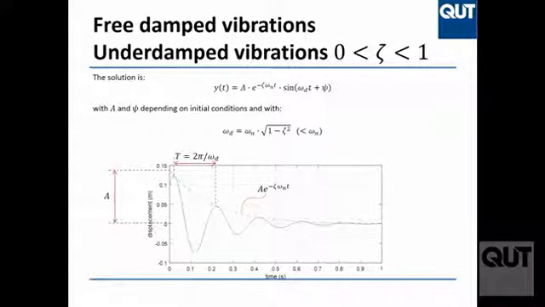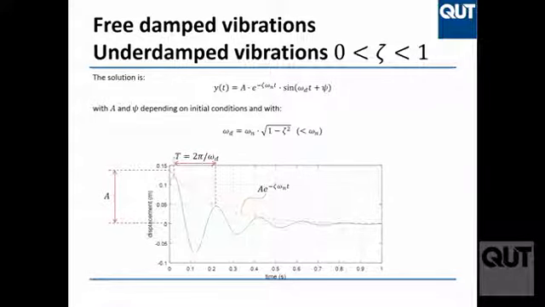With the damper now, I have this additional term, which is a function that looks like this, the dashed line here. You see, that's this function. Now, if I multiply this function by the sine wave, I obtain a sine wave which decreases in time. Clear? So that's how the vibration looks like, the blue one. It's not a sine wave, but it looks like a sine wave, but it's decreasing in time, in amplitude. Okay? Clear?